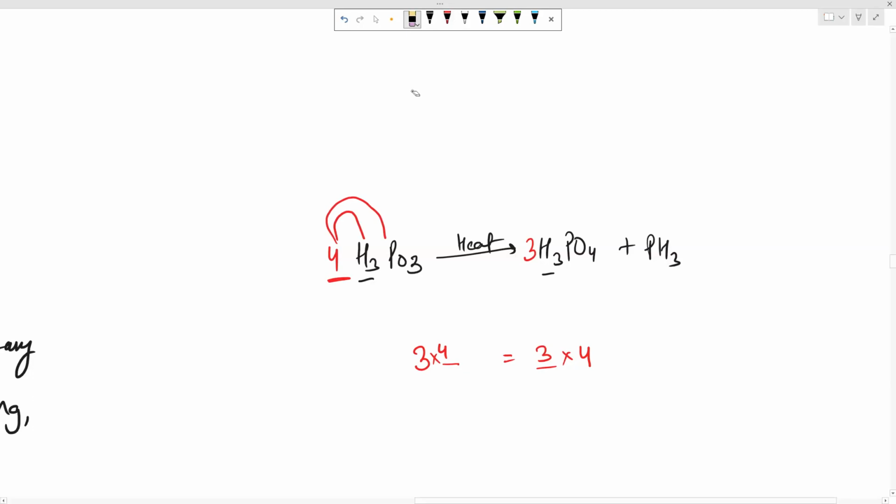So this is the oxygen here. Got it? Yes, sir. Now count the total number. Check whether the hydrogen is balanced or not.